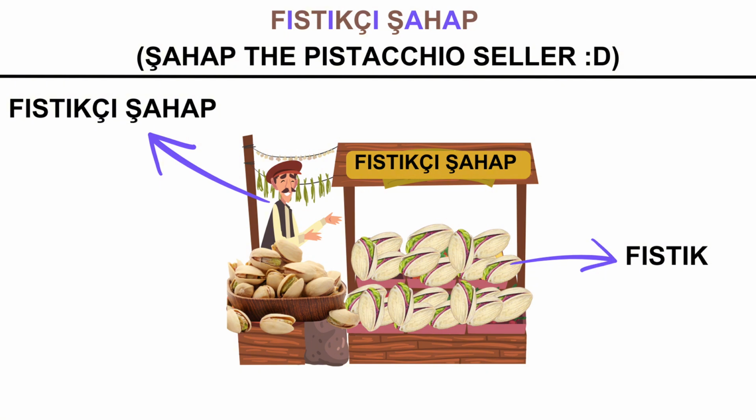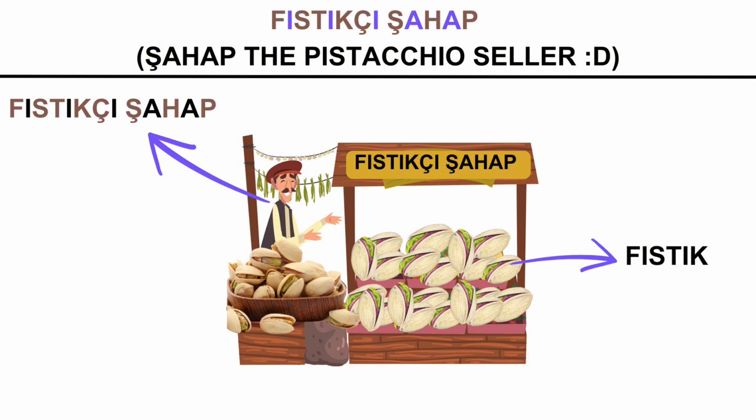And Şahap is the name of the person who sells it. So when you pay attention to all the consonants in this little phrase, they are all what we need: f, s, t, k, ç, ş, h, p. When the last letter is one of those, d will become t.